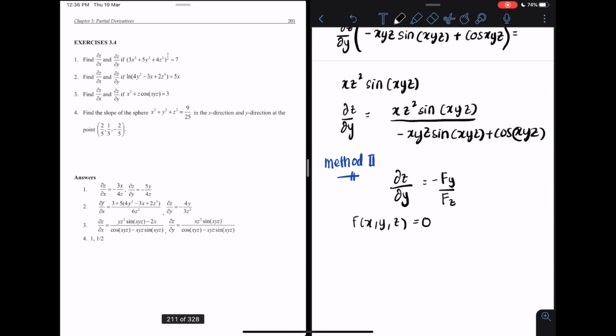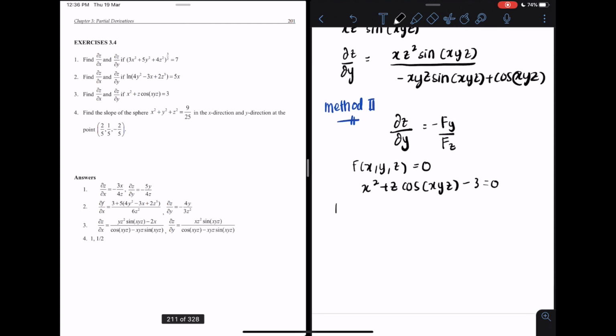So I will get x squared plus z cosine xyz minus 3 equal to 0, then determine partial derivative with respect to variable y by assuming x and z are constant, and they should behave like a constant. In this case, I will get z negative sine xyz.